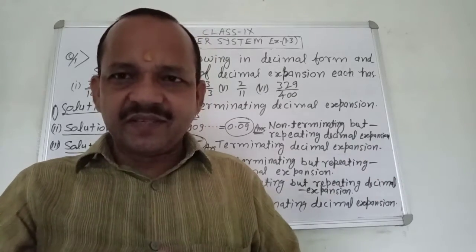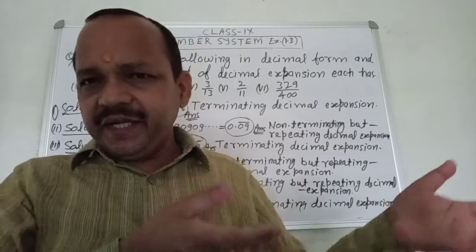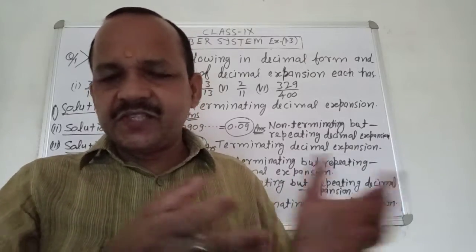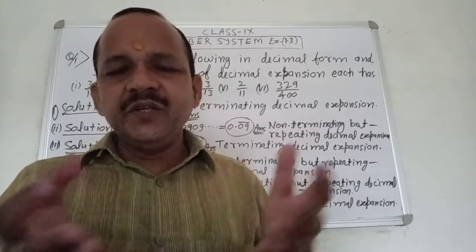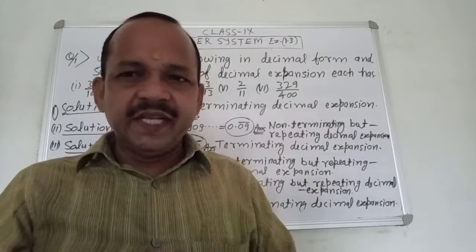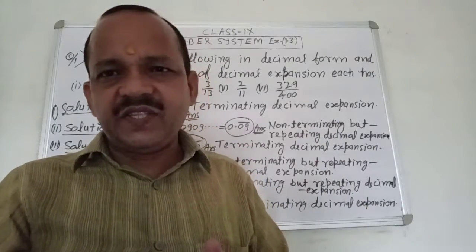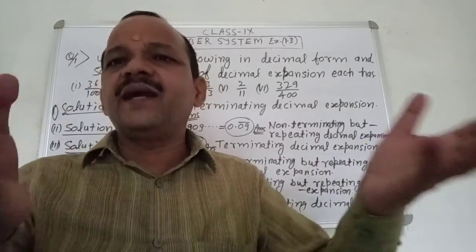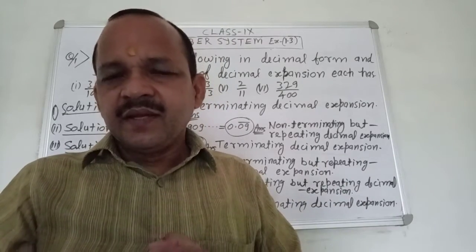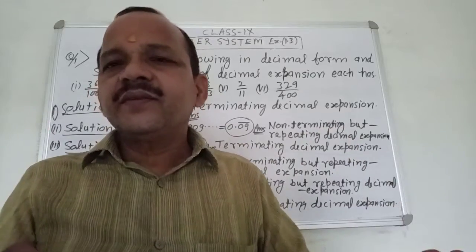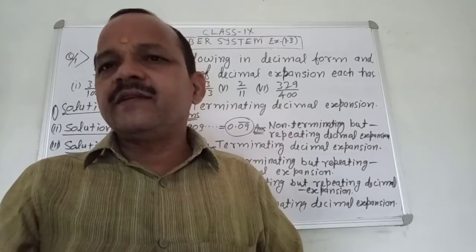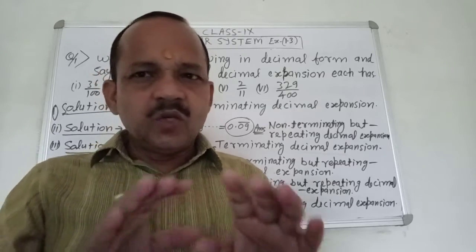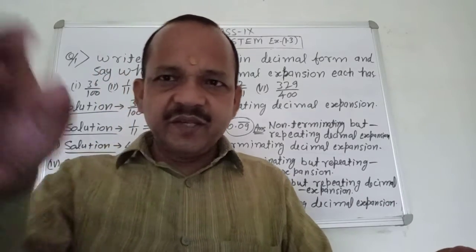Rational numbers are of two types: terminating and non-terminating but repeating. Clear? No suspense. Very good.